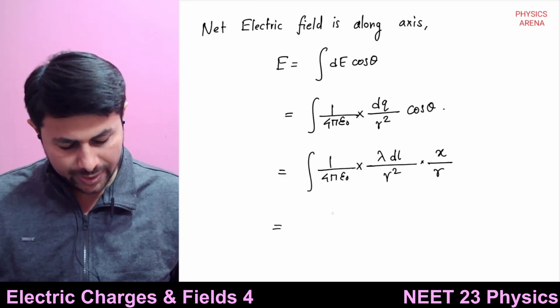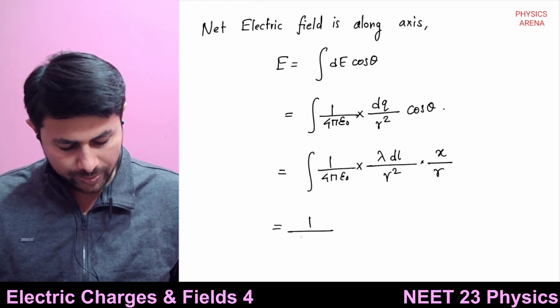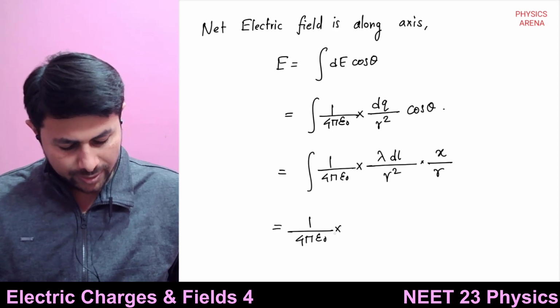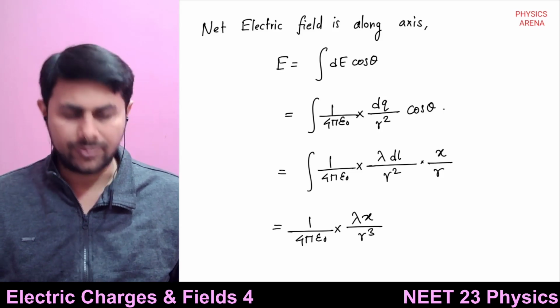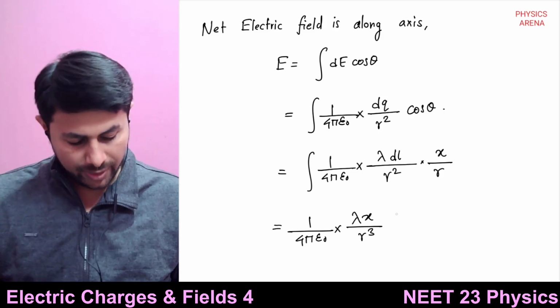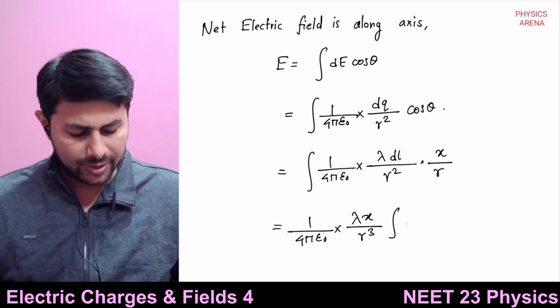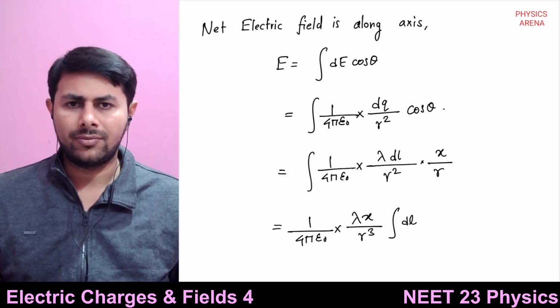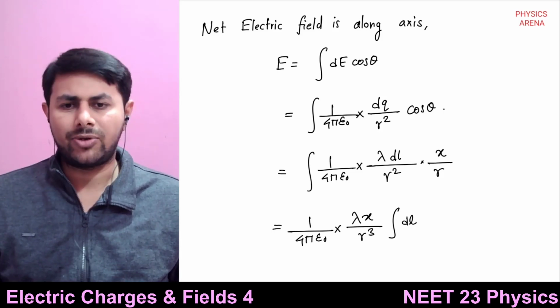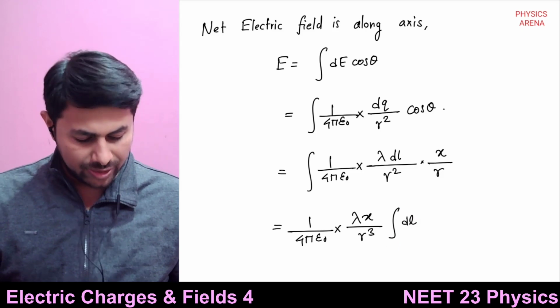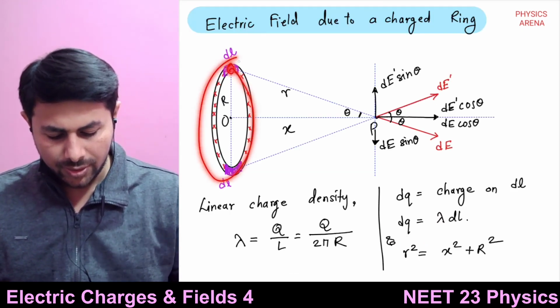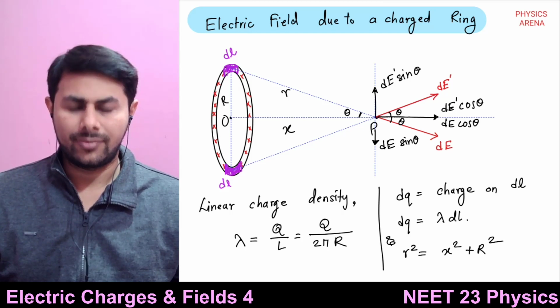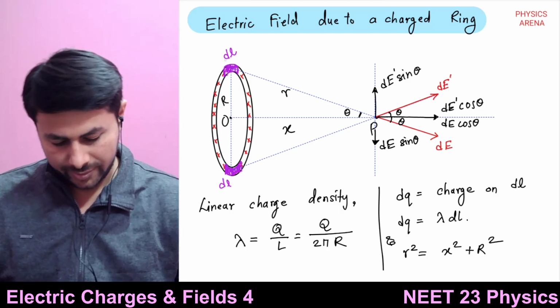So you take it outside of the integral: 1 upon 4 pi epsilon naught multiplied by lambda times x divided by r cube. This is all we have. And then we are just left with the integral of dl. So what will be the limits for this integration? The limits of this integration would be 0 to 2 pi r, right?